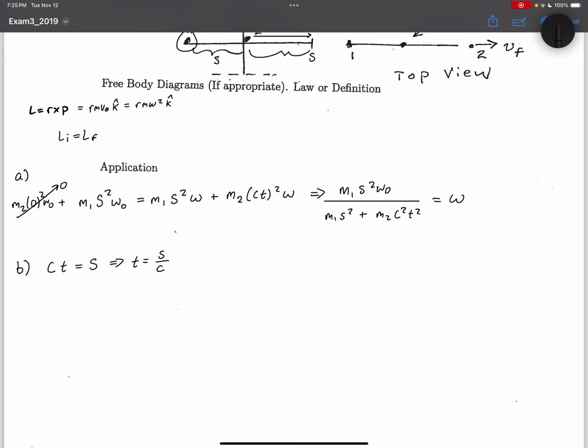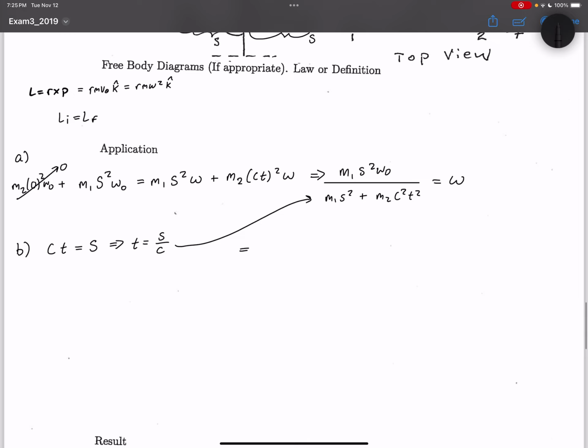So all we need to do is plug that into this formula here. We have m1 s squared omega naught over m1 s squared plus m2 c squared times s over c squared.